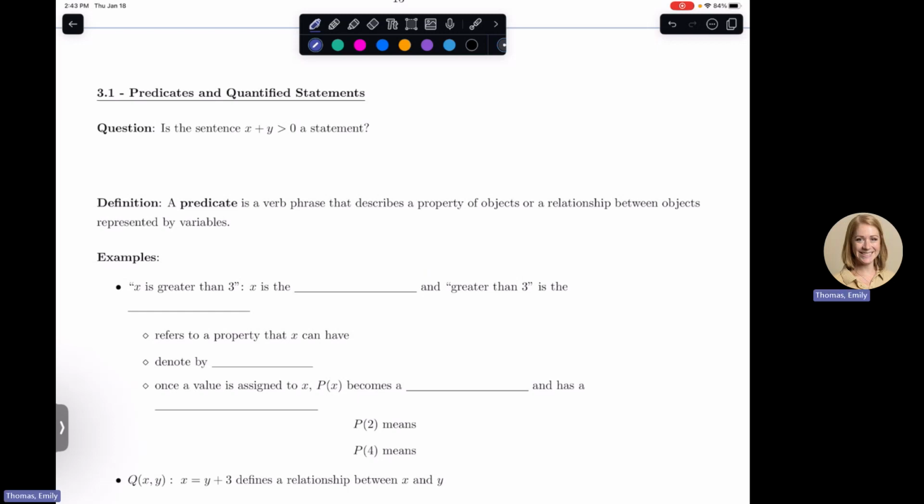Is that a statement or not? Because we don't know who he is, we don't know if it's true or false. If we knew who he was, we would know. Like on this one, we don't know what x and y are, so we don't know if this is true or false.